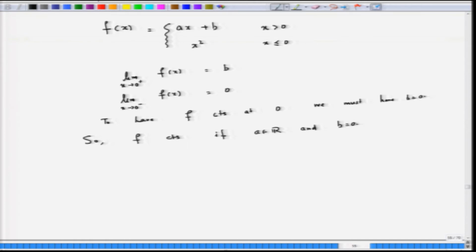That is what the question asked: to find the values of a and b for which f is continuous. Then there is one very important feature of a continuous function on an interval. When it is defined on an interval and continuous, then if there are 2 points where f takes values, then for any value between these two, there will be an x such that f of x attains that value.